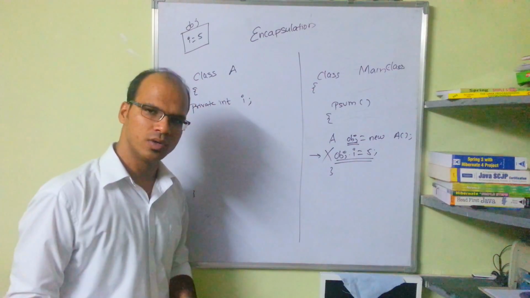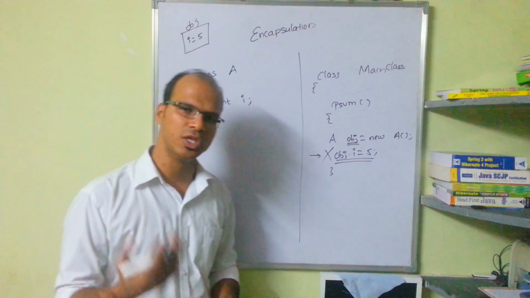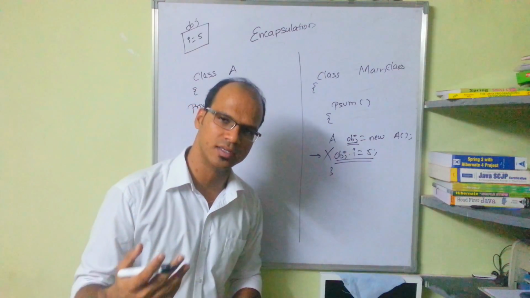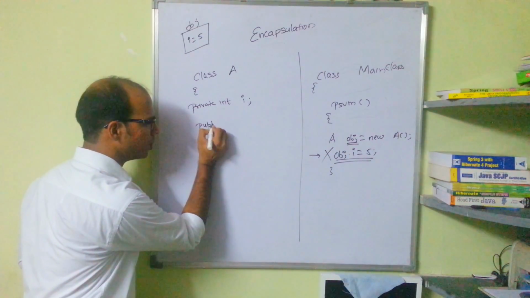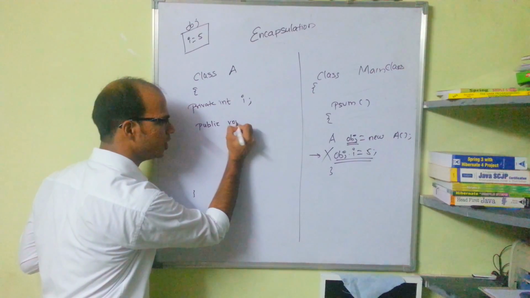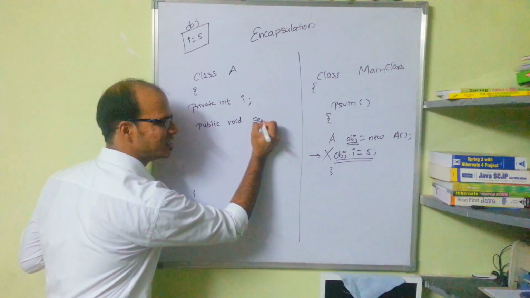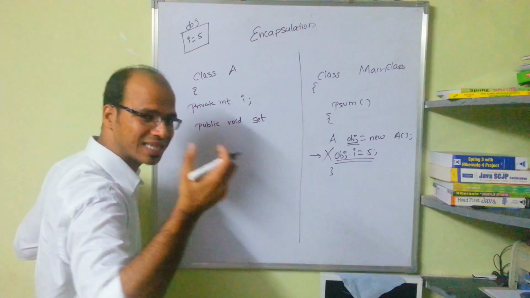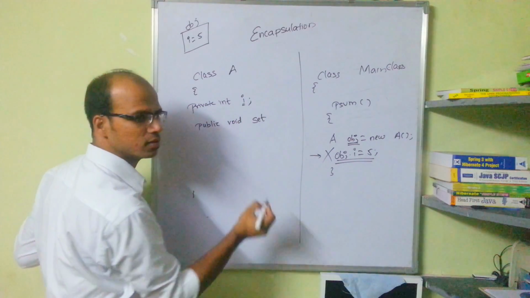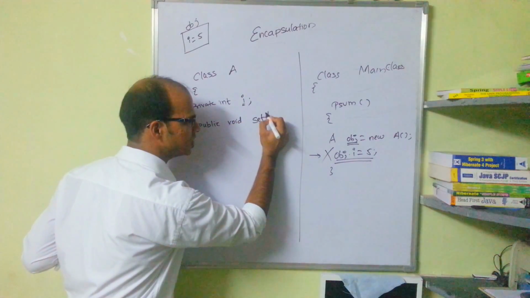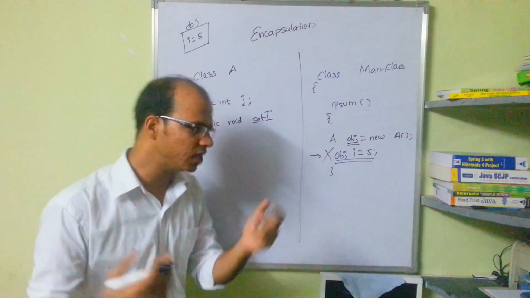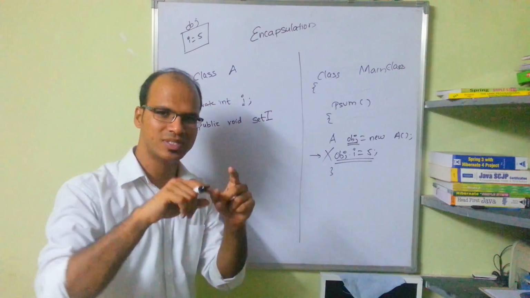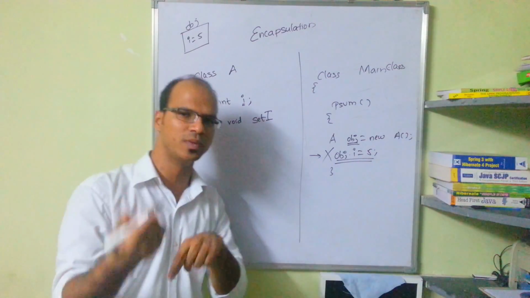To implement this concept, we can use something called getters and setters. We'll write a method, public void set, so we have to use the keyword set and the variable, which is I. Again we have the camel casing rule: whenever you combine two different words, the second word's first letter should be capital.